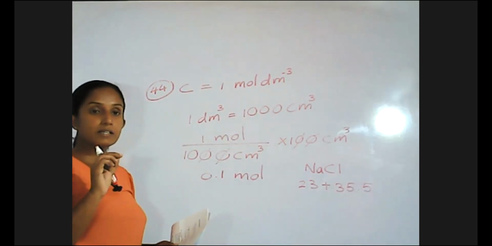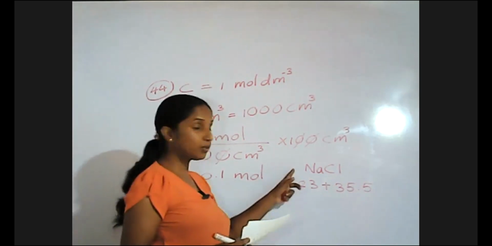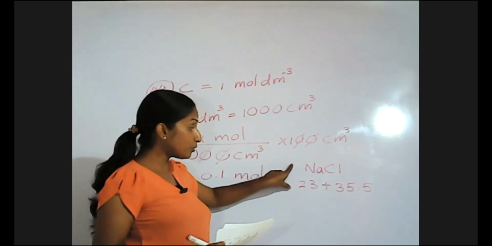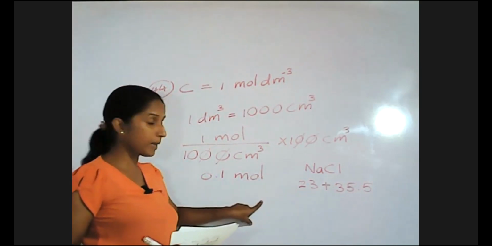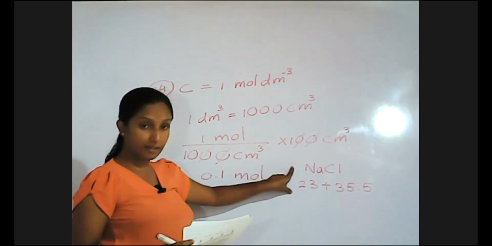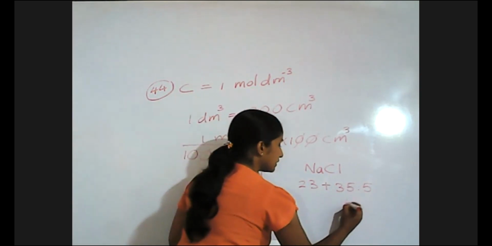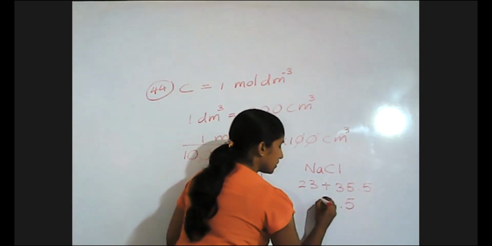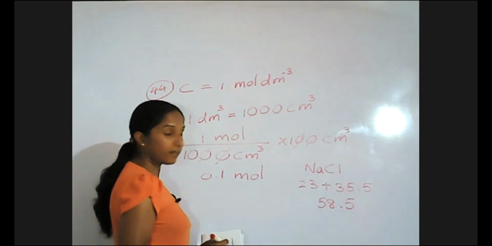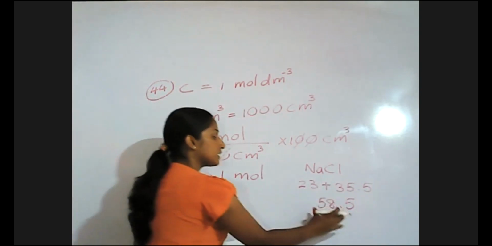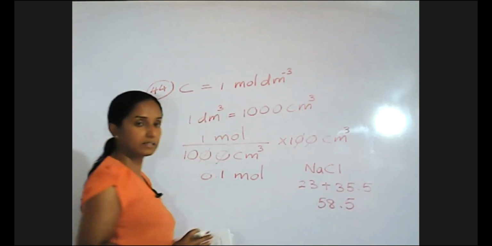If it is the structured or the essay paper, you have to do this in the paper, not in the rough paper. You have to remember that. What is the answer? 58.5. So this is the relative molecular mass.